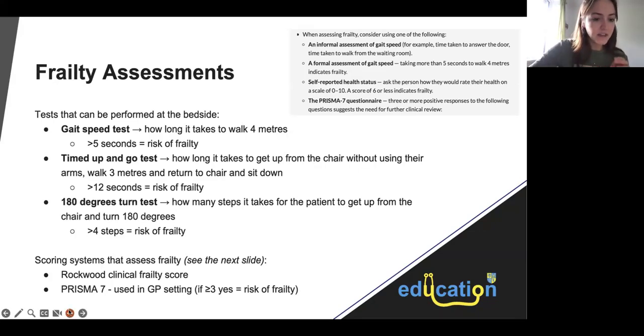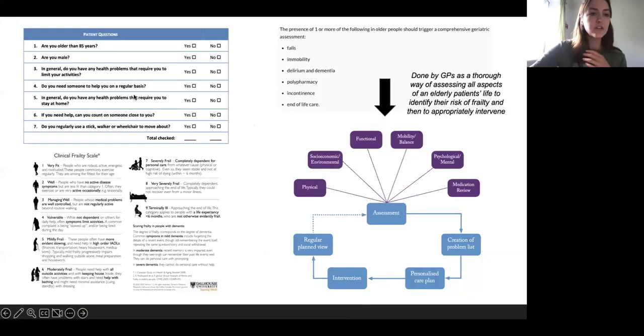In the top left corner of the next slide you can see the PRISMA 7, a patient questionnaire they answer. Anything with a score of 3 or above indicates that they might be on the frailer side.